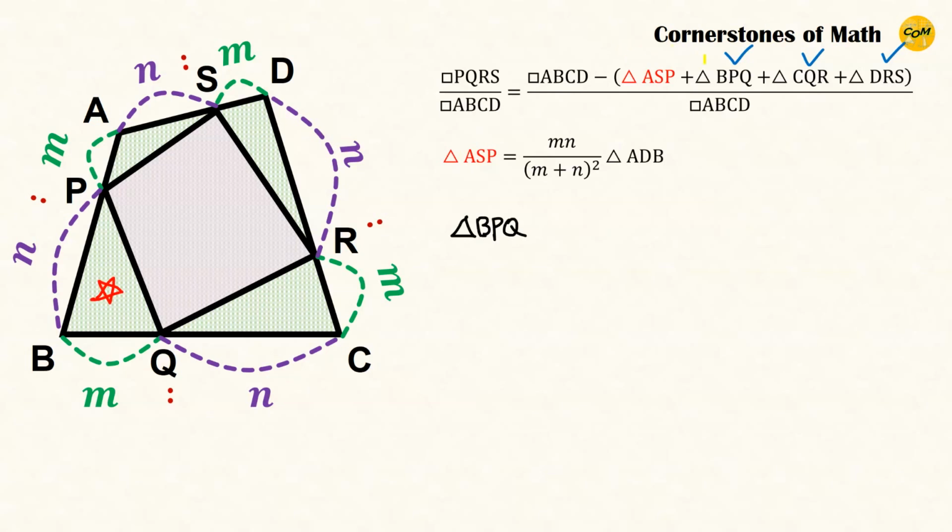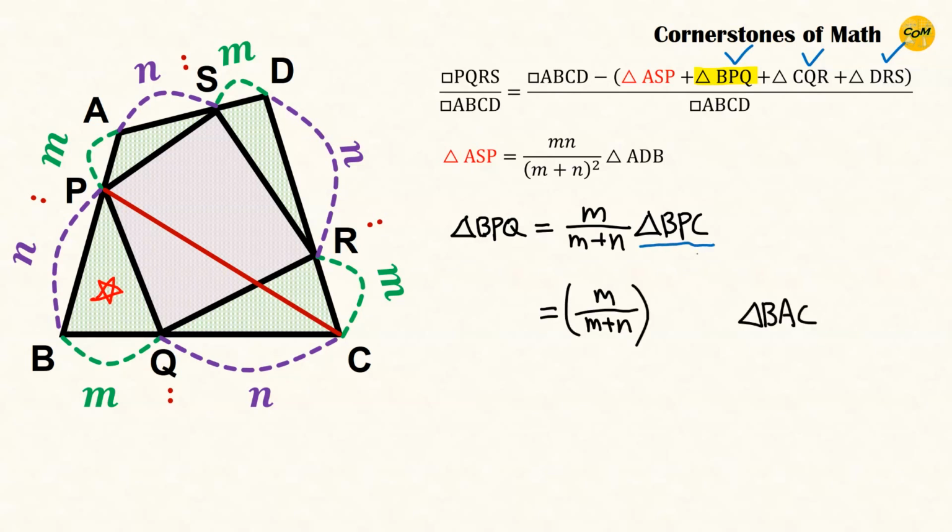For our next triangle, BPQ, if we compare with triangle BPC, they have the same height, and the ratio between base length is m to m plus n. So we have area of BPQ equals m over m plus n times the area of BPC.